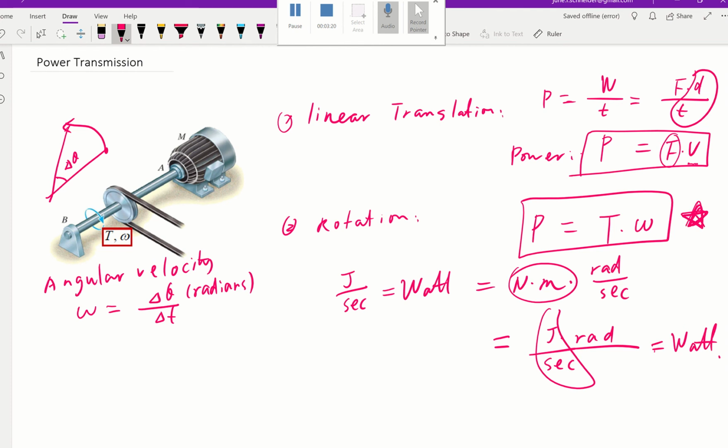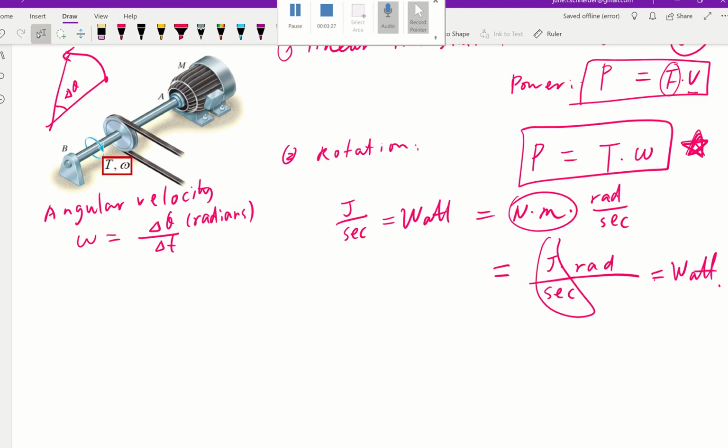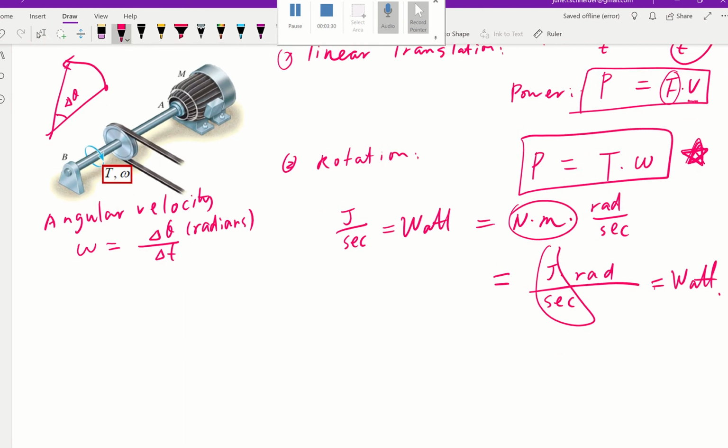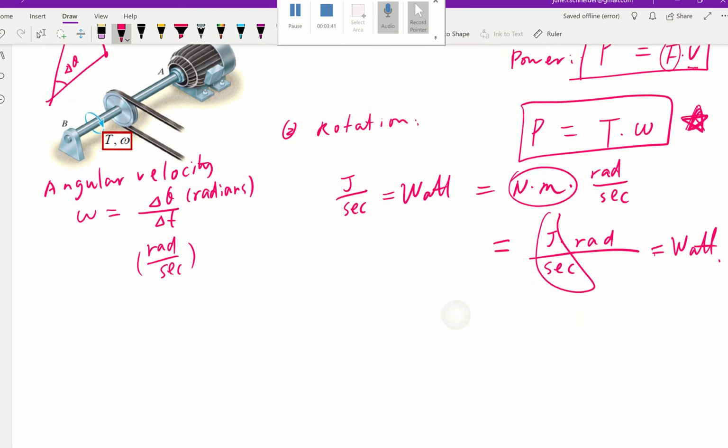Okay, another thing I want to expand on is this angular velocity, omega. We know omega is radians per second. We often see other expressions of omega, for example, using the frequency of the shaft's rotation.